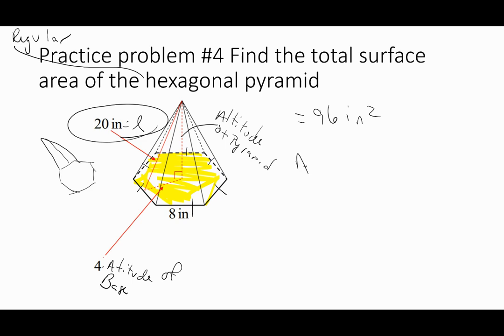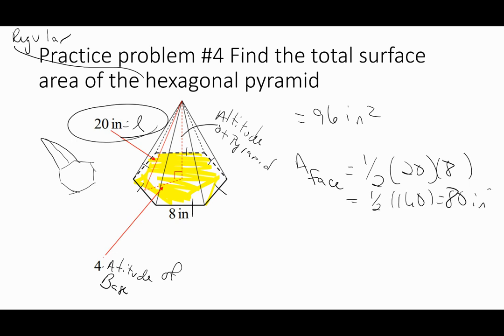So our area of our face is equal to 1/2 of 20 times 8. 1/2 of 160 is 80 inches squared.